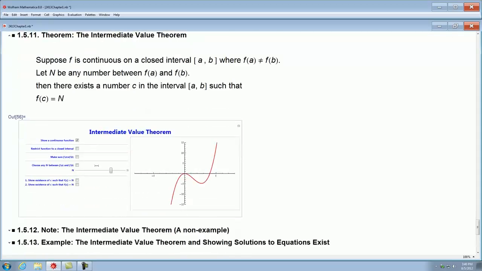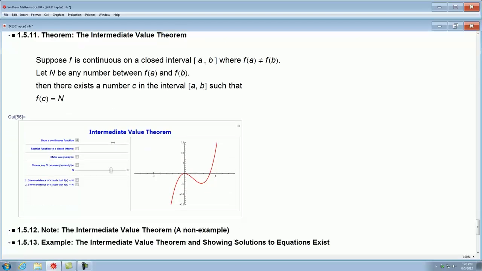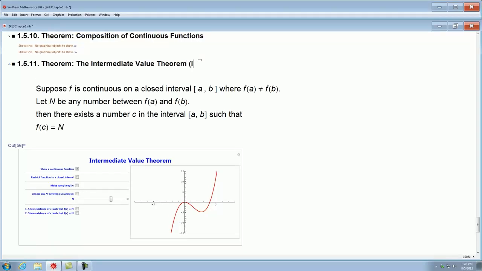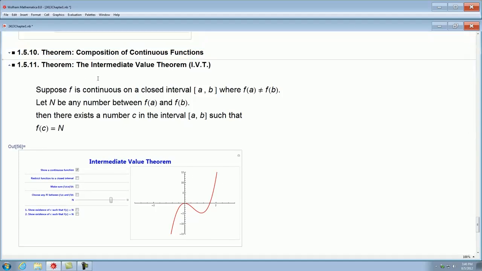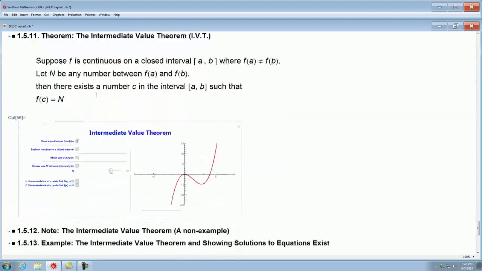Now, the intermediate value theorem. This is an important theorem right here. I will abbreviate the intermediate value theorem IVT. I didn't do that here, so let me do that. IVT. Okay, the intermediate value theorem says that suppose f is a continuous function on a closed interval [a, b], where f of a does not equal f of b.